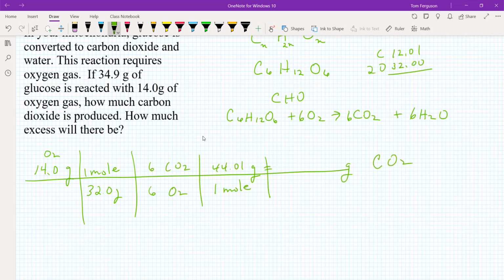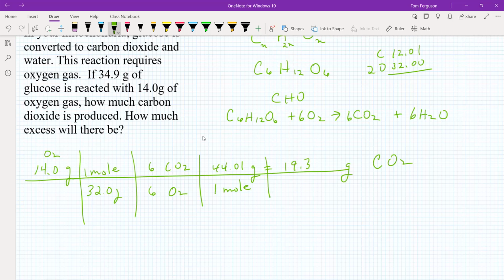And that'll give us grams of carbon dioxide. So right now, looking at the oxygen by itself, we're going to get 19.3 grams of carbon dioxide.